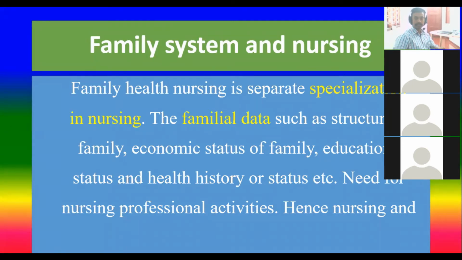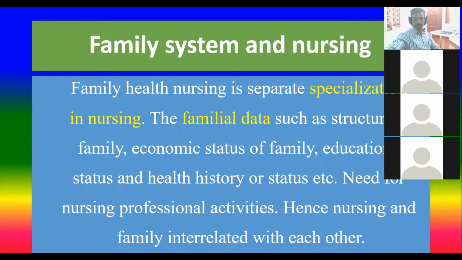What are the nursing professional activities? The 5 important functions I gave are based on these familial factors. Hence nursing and family are interrelated, which means nursing services are based on familial data.